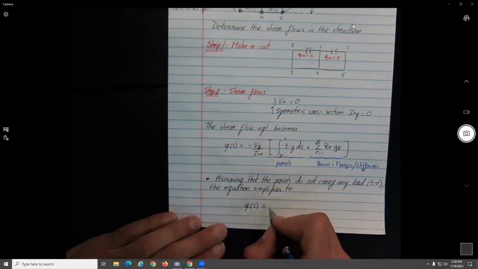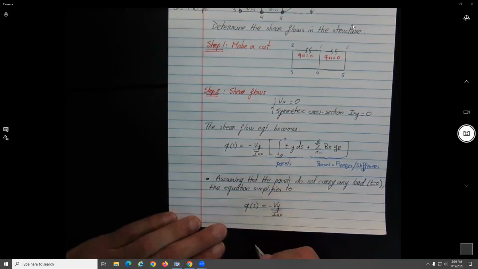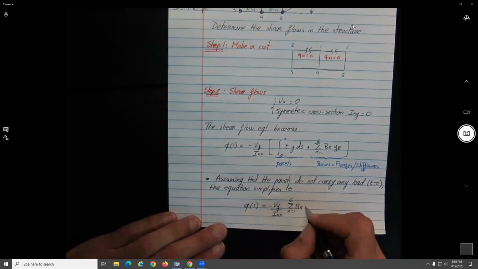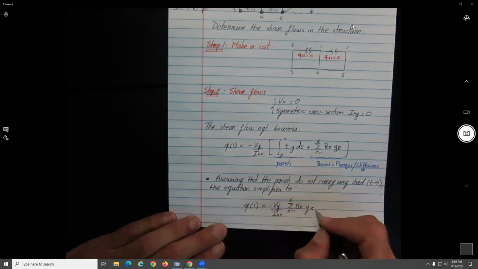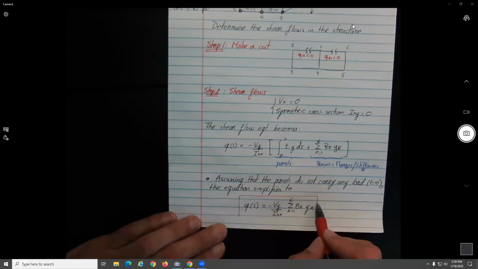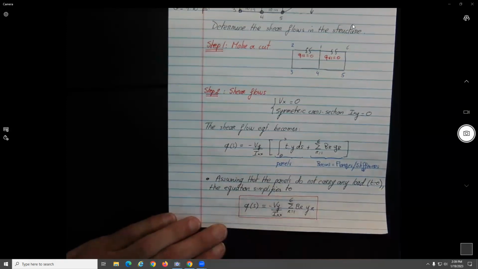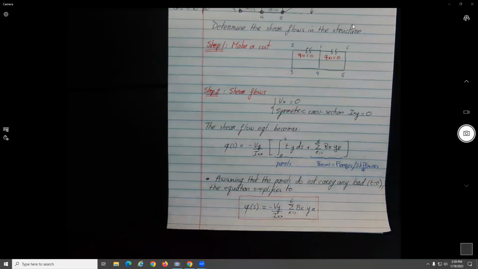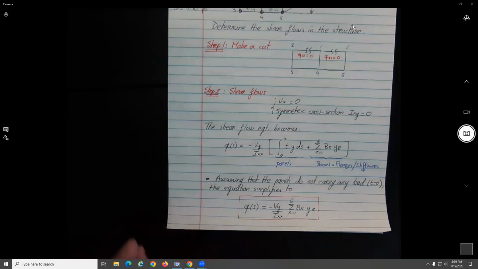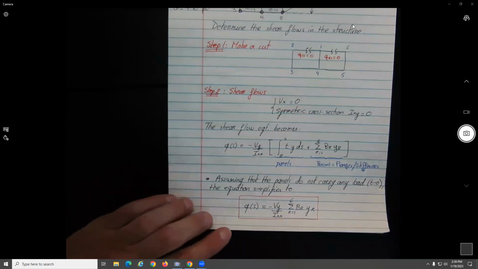Q sub S will be equal to minus Vy over Ixx, summation B sub R, R equal to 1 to 6, Y sub R. So does this equation kind of look familiar? Okay, it's good. I mean, you are building on what you learned from Structures 1.